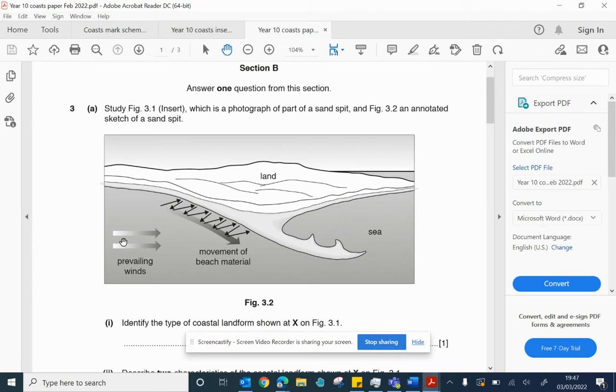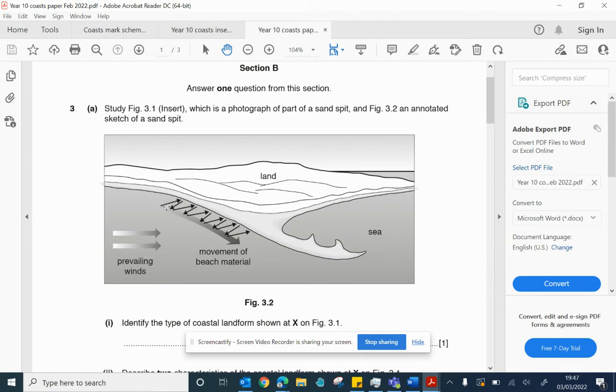So, step 1, prevailing winds influence wave direction. This causes a process known as longshore drift. 1 mark.